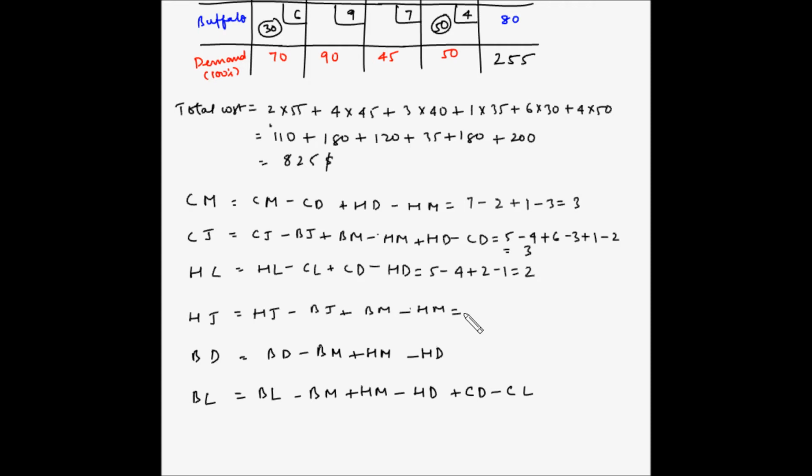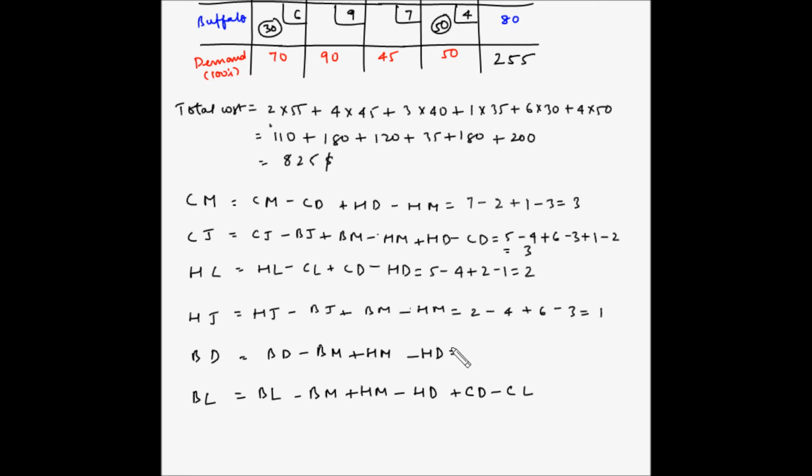So HJ is 2 minus BJ is 4 plus BM is 6 minus HM is 3. So 2 minus 4 is minus 2. Minus 2 plus 6 is 4. 4 minus 3 is 1.